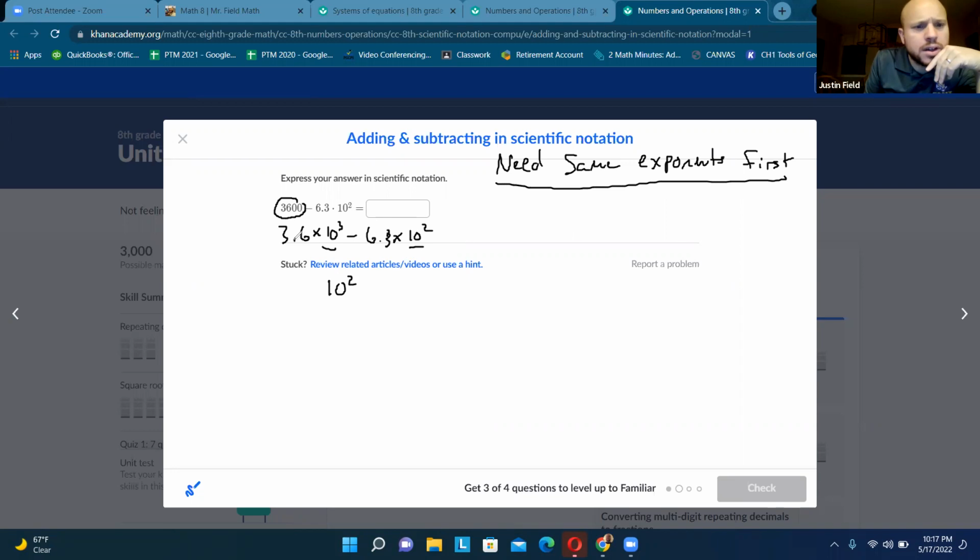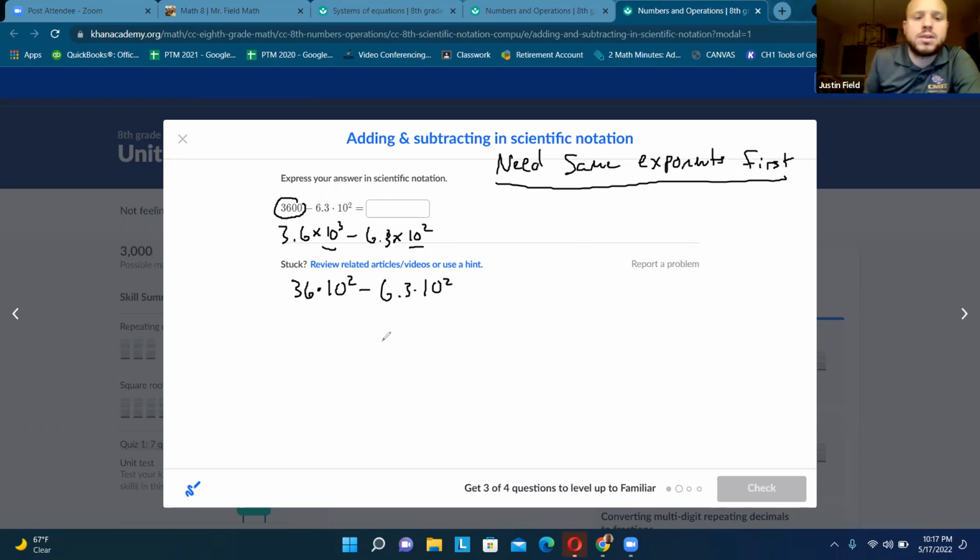Well, it has to be 3600 in standard form. So actually, if we wrote 36 times 10 to the second, that would be 36 with 2 zeros, minus 6.3 times 10 to the second.